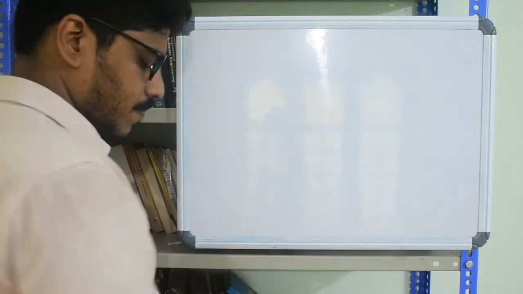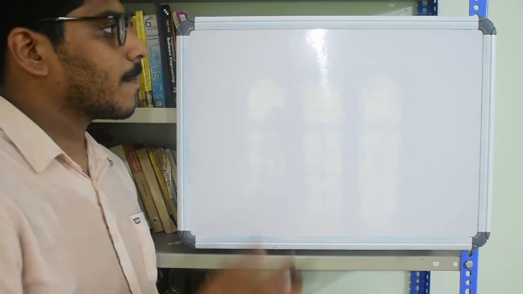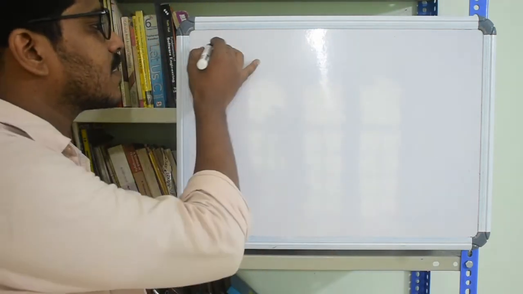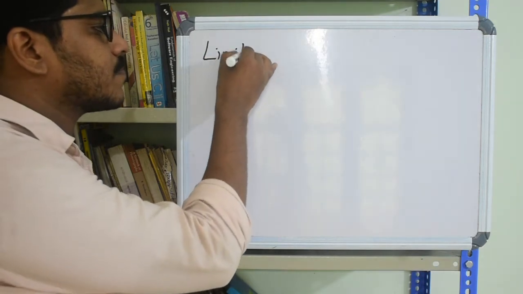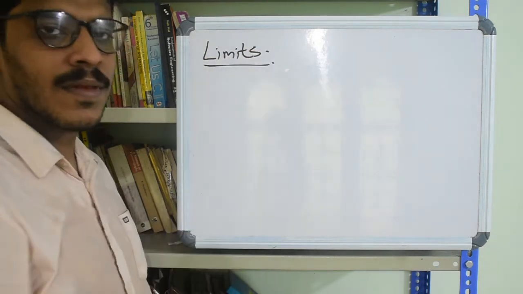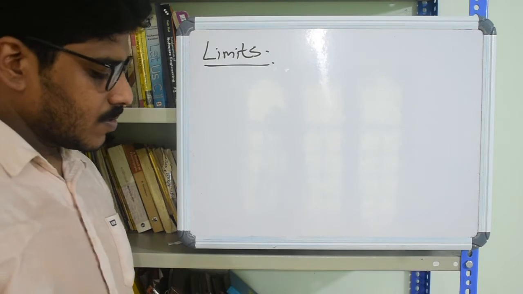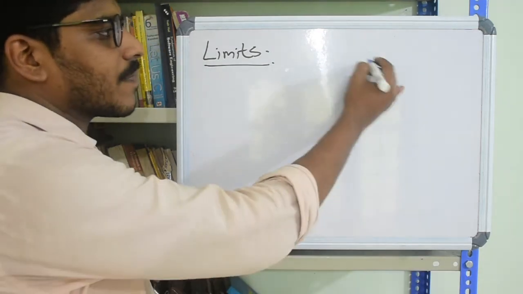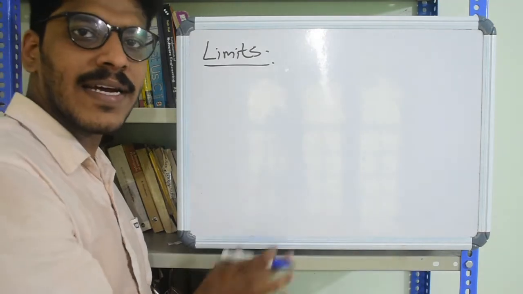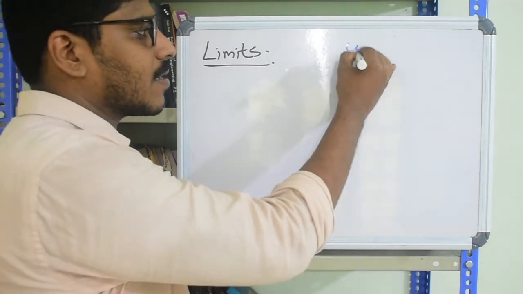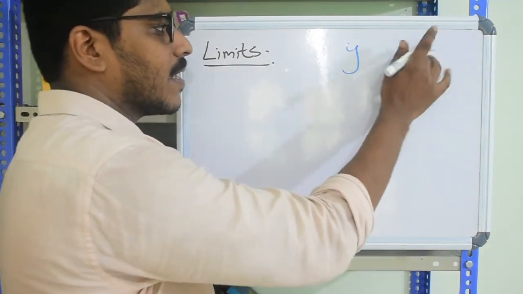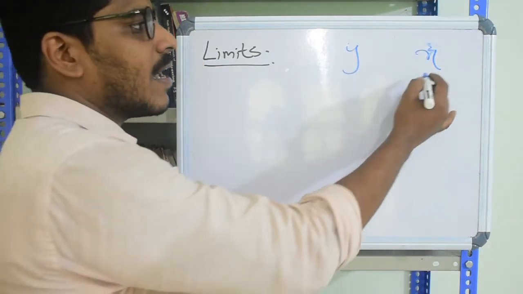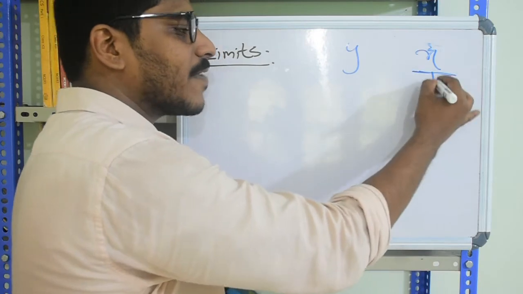Now we move on to a little more complicated ideas in calculus. Let's start with limits. When we defined a function, we saw that a function connects two variables, y and x, with some equation.